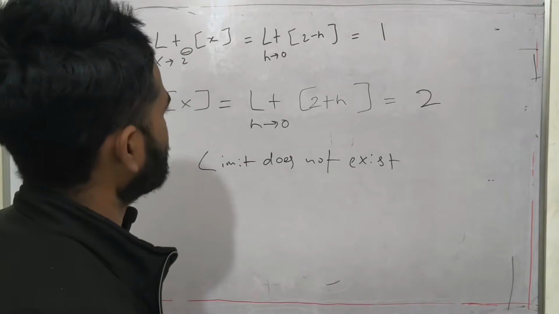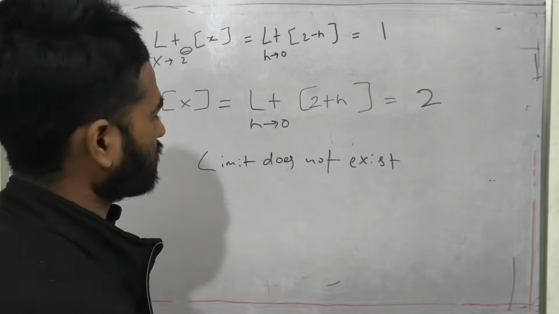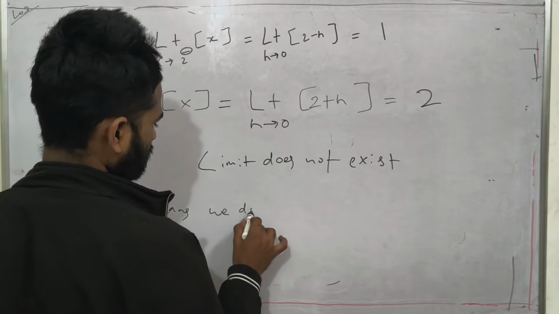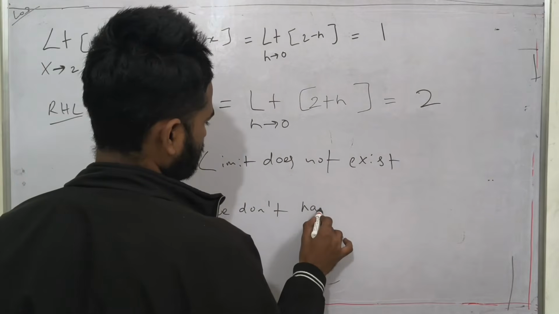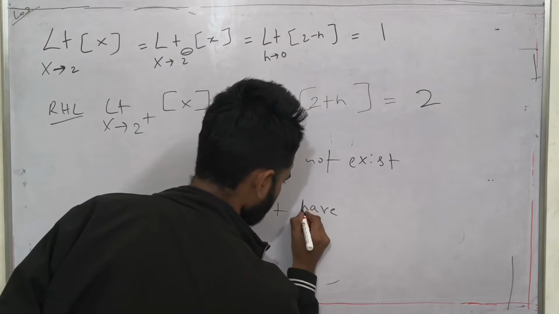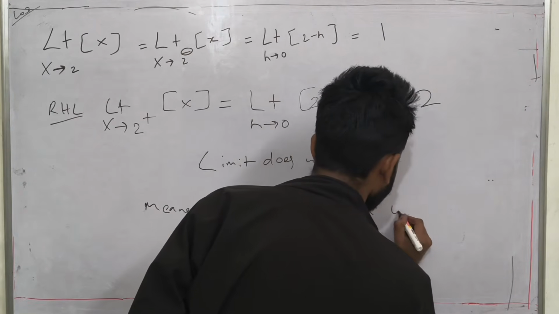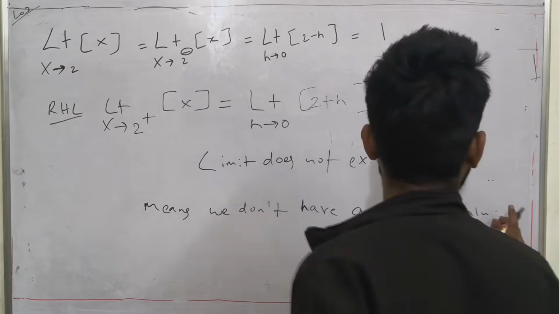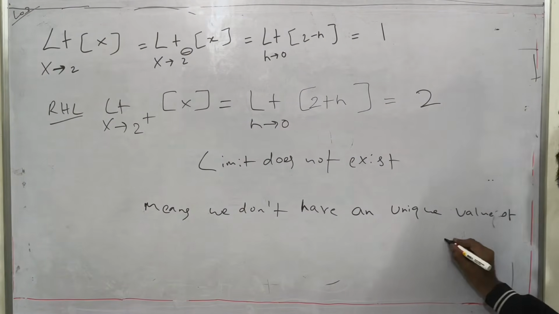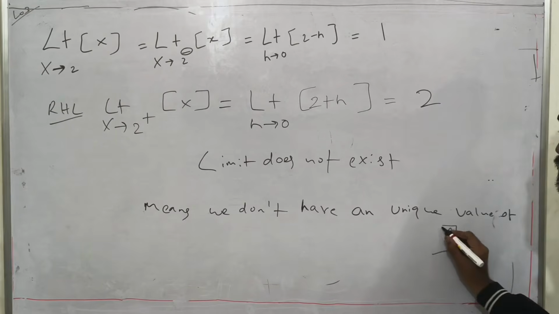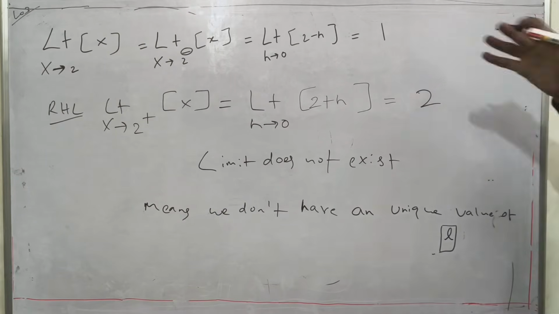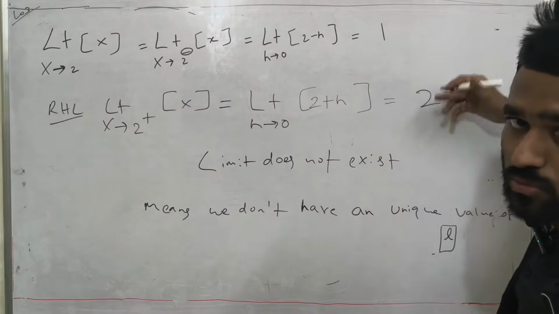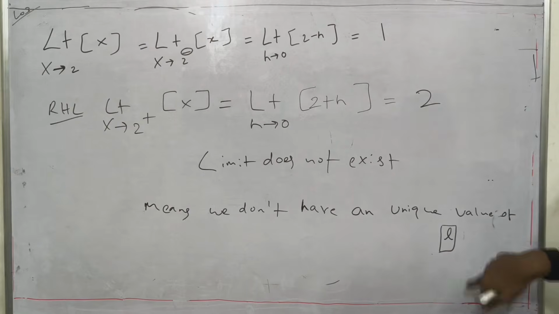We can infer from here that we don't have a unique value of L, since we got two limiting values: from the left side 1 and from the right side 2.